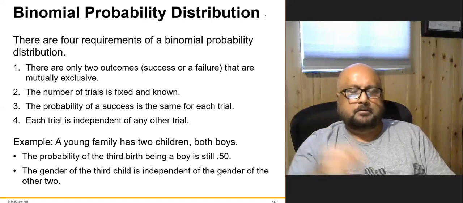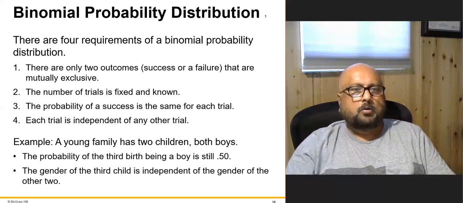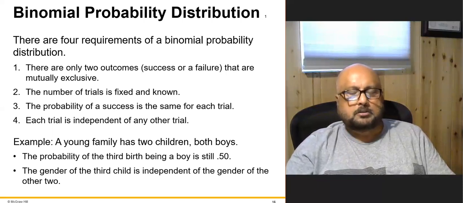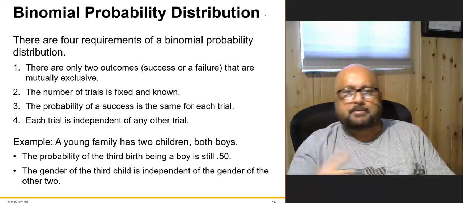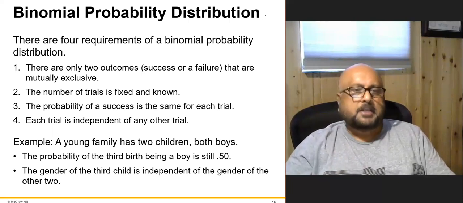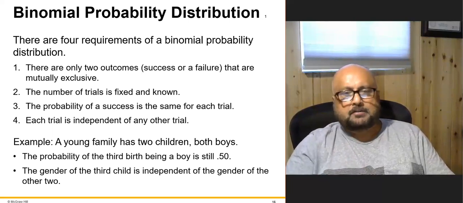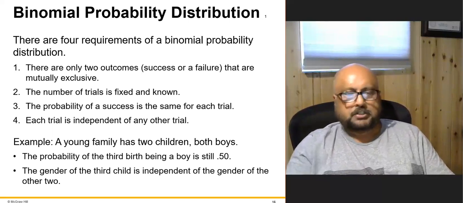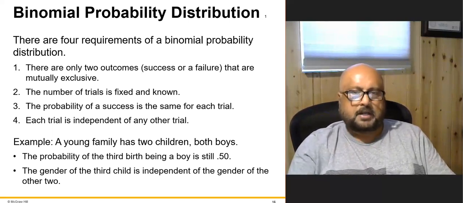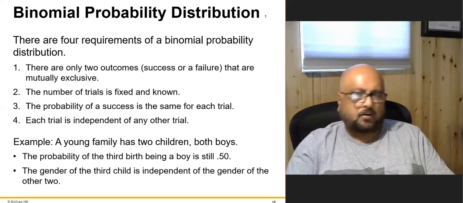Either 0 or 1, just like binary. And they are mutually exclusive, of course, because you can't have a success and failure at the same time. If you have a success, then it's not failure. If something is true, it's not false.